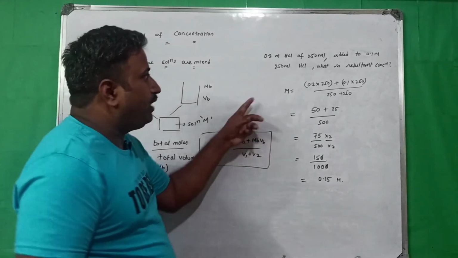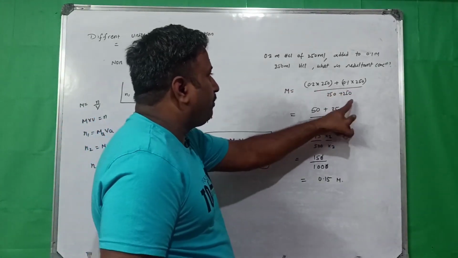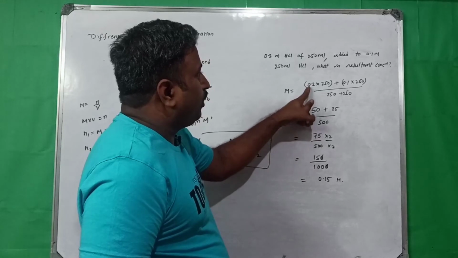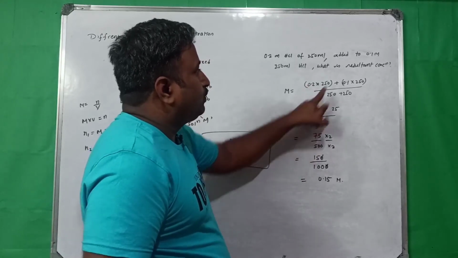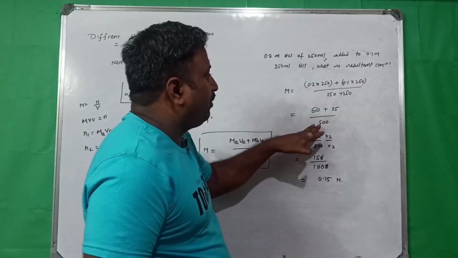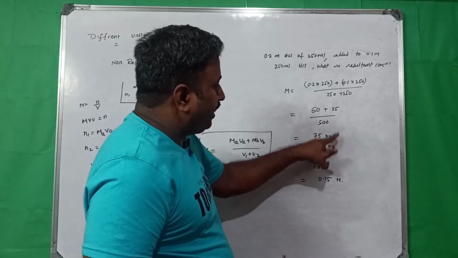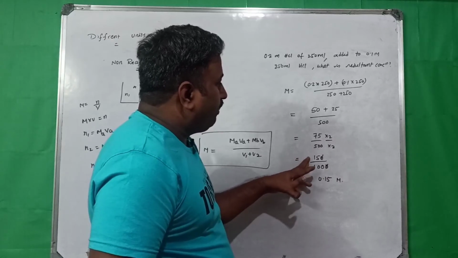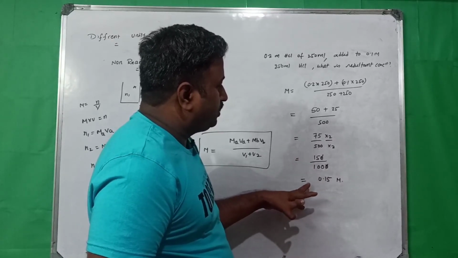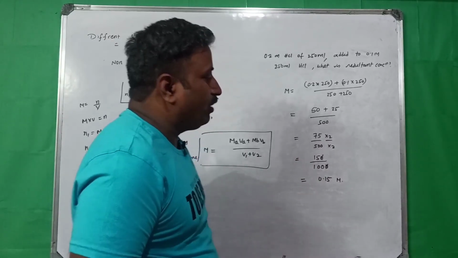Let's check it. We took MAVA plus MBVB upon total volume. So this is 0.2 into 250, 50, 0.1 into 250, 25 upon 500. So this is 75 by 500. I multiplied and divided with 2 and 2. Then we get 150 by 1000, which is nothing but 0.15 molar.